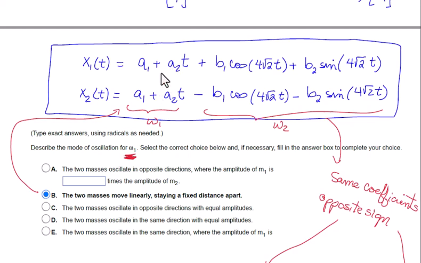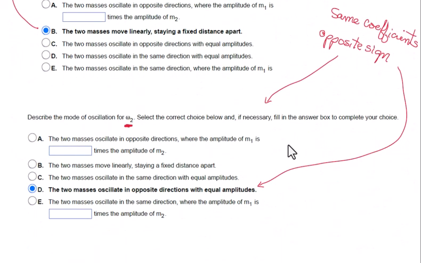They're going to stay a fixed distance apart because these are exactly the same. If you look at this part, which came from omega 2, they are exactly the same. The only difference is it is opposite in sign. So, same coefficients, same omega 2, but they're going to be moving in opposite signs.